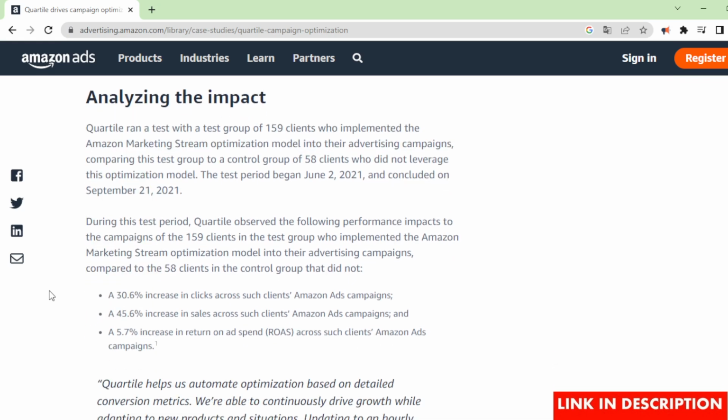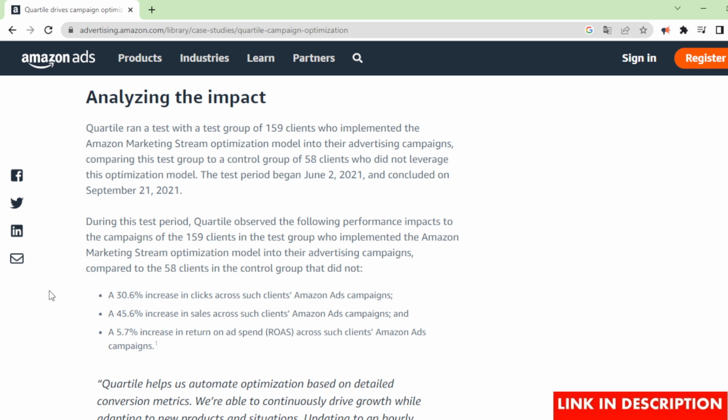By utilizing Amazon Marketing Stream to inform our hourly bidding adjustments, we've seen an average increase in conversion rate of 15%. And a reduction in ACOS, advertising cost of sales, of 10% across our customer base. Daniel Nanick, CEO, Quartile.